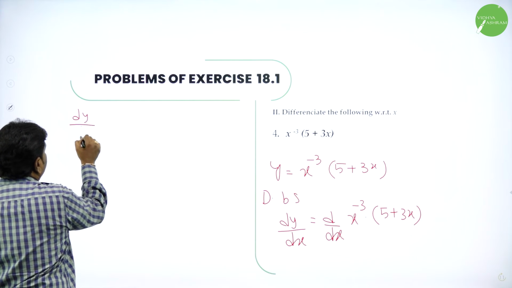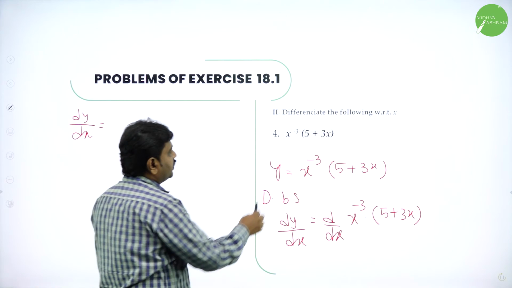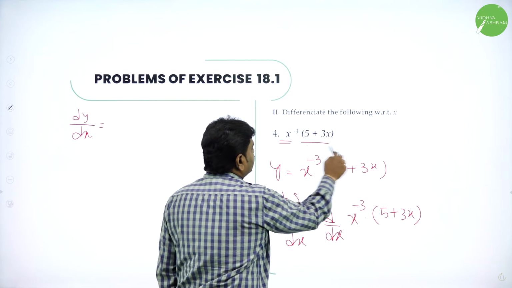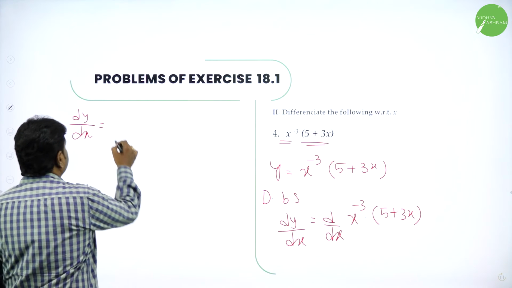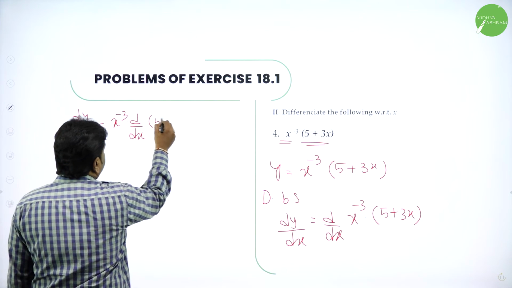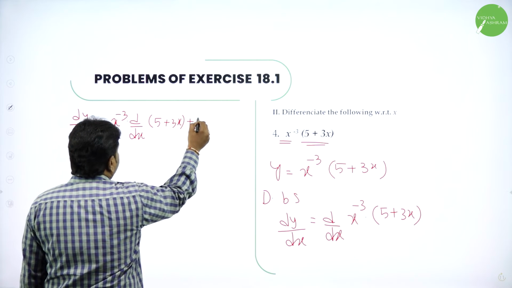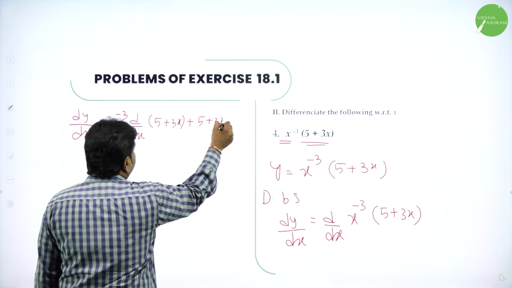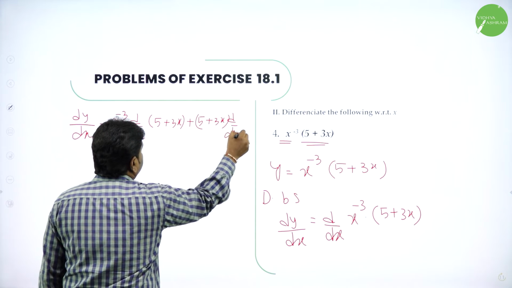So dy by dx is equal to first function. What is the first function here? x power minus 3. What is the second function? 5 plus 3x. So first function x power minus 3 into d by dx of second function, plus second function into d by dx of first function.